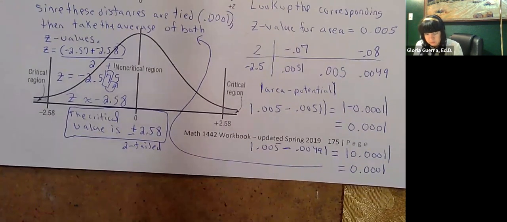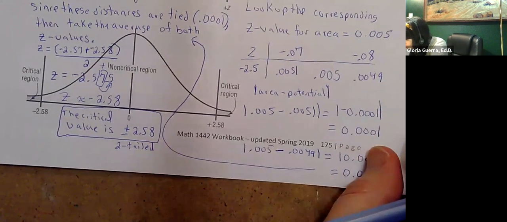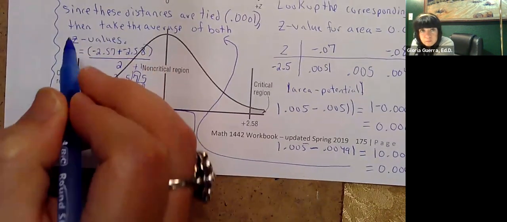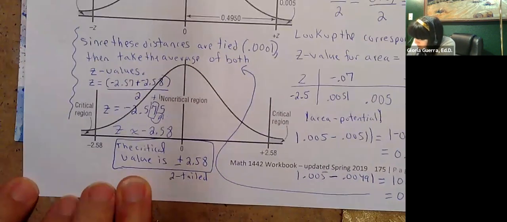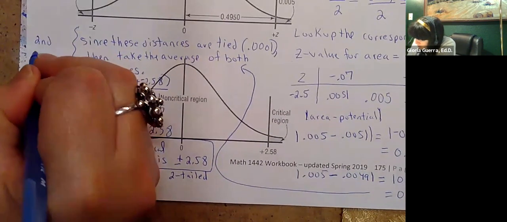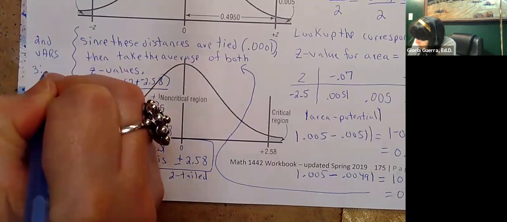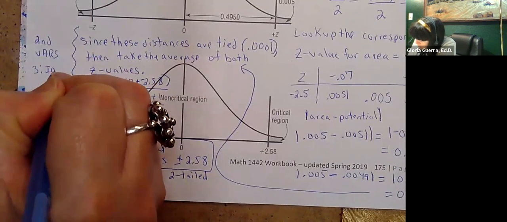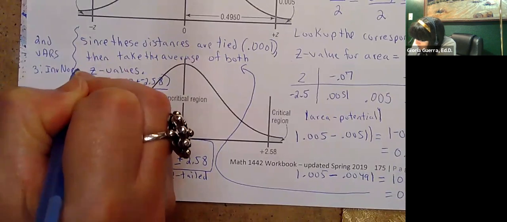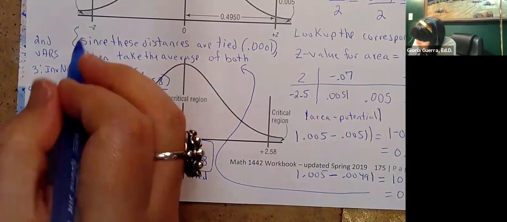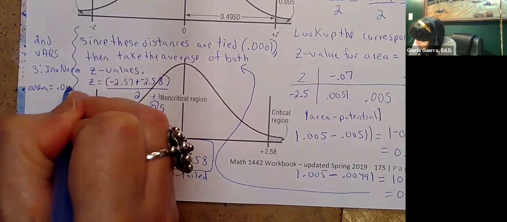And I don't have much room to do the calculator version, but if I do the calculator version, where can I squeeze that? It would be second vars and then number 3, inverse norm, and then your area to the left of the curve would be 0.005.